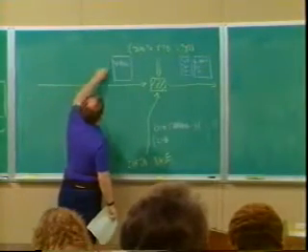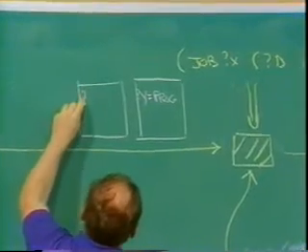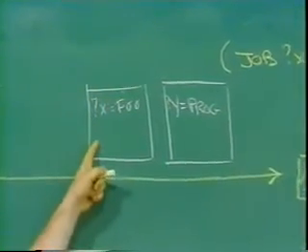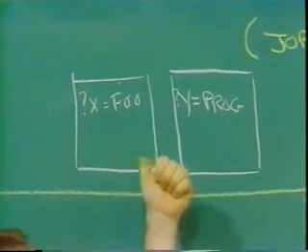Right, it might have something that wouldn't match, like x equals foo. This one might not match anything, in which case nothing will go into this stream corresponding to this frame.